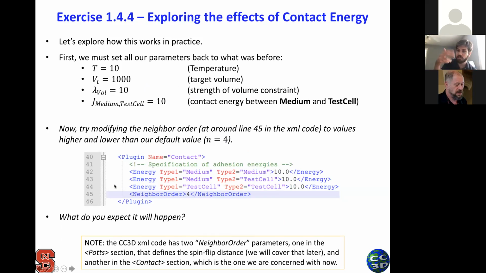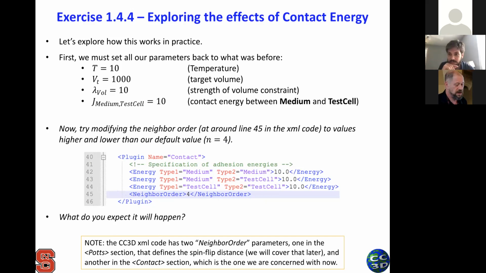And now let's try to directly change this parameter called neighbor order. If you go to the contact plugin in the code, which should be lines 40 to 46, there is this line called neighbor order, which is currently at 4. Let's try to make the simulation with higher and lower numbers of neighbors and see what happens.